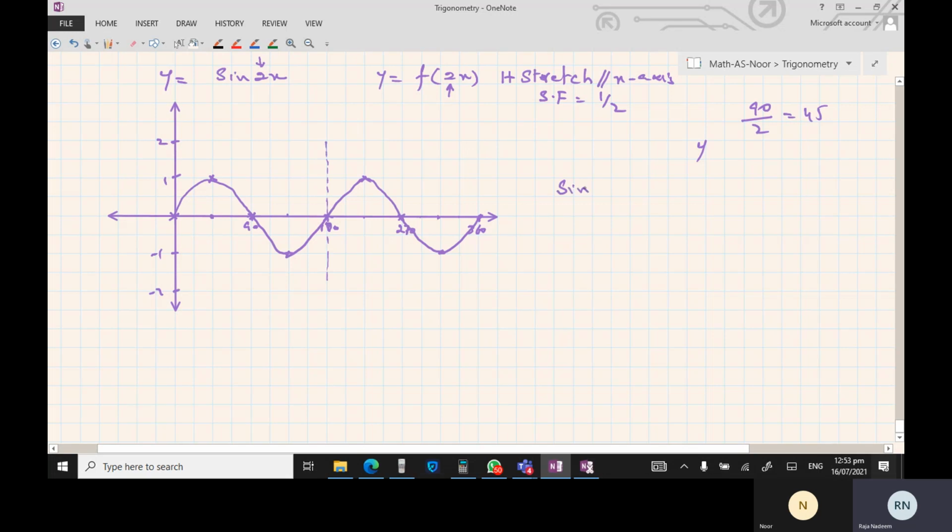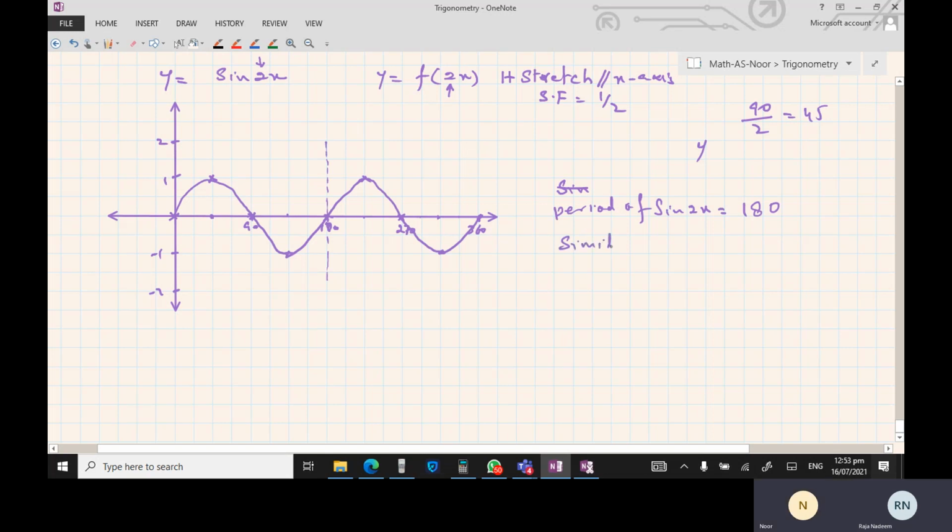So whenever we say the period of sine 2x, you can see that one cycle is completed within an angle of 180, then the period of sine 2x would be 180. Is it clear? Okay.